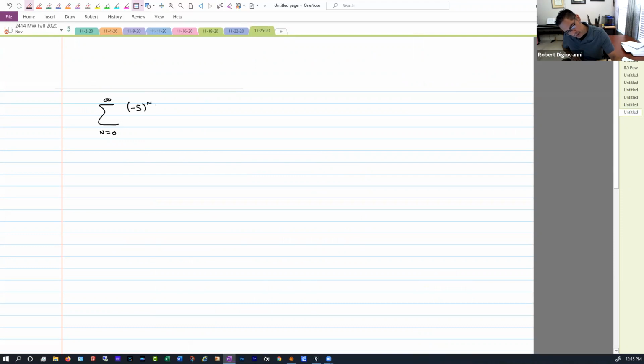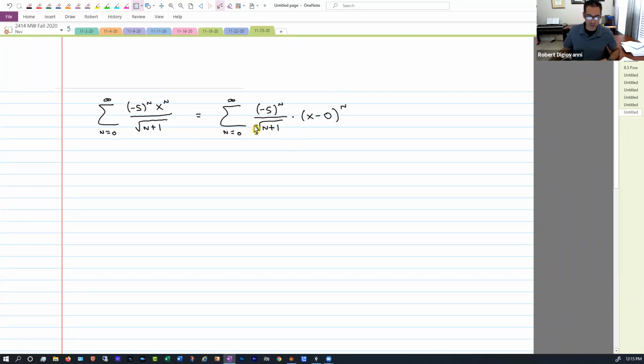Negative 5 to the n times x to the n over the square root of n plus 1. And I'm going to do something next to this just so y'all see it. All I've done here, and this is not important for what you're about to do with the ratio test, is peel everything apart because I want everyone to see that this is a power series.